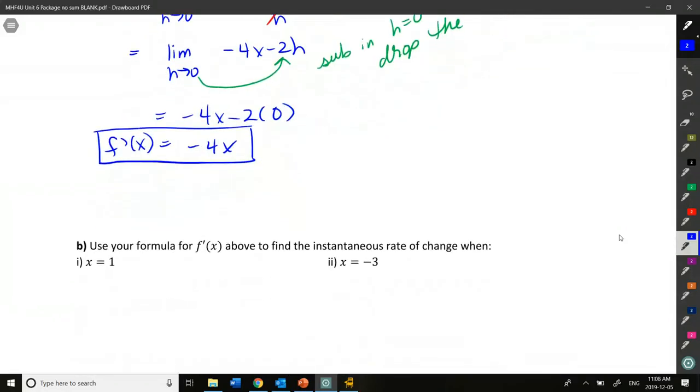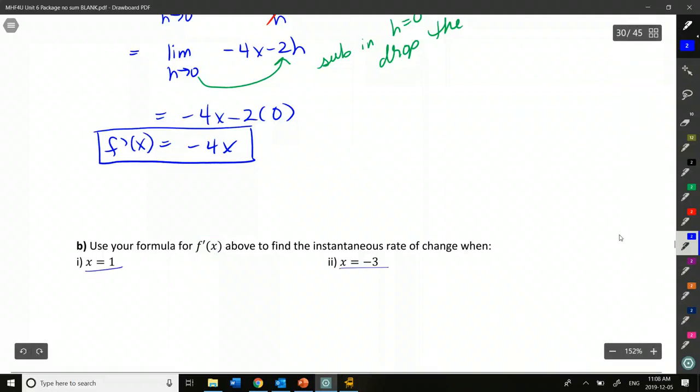Now this asks me to use f prime at x from above to find instantaneous rate of change at x equals 1 and x equals negative 3. So I'm going to evaluate f prime at 1, which gives me negative 4. So the slope of my tangent line when x equals 1 is negative 4.